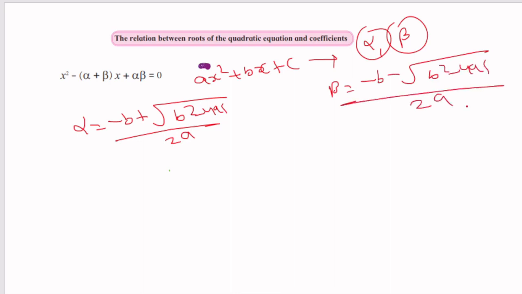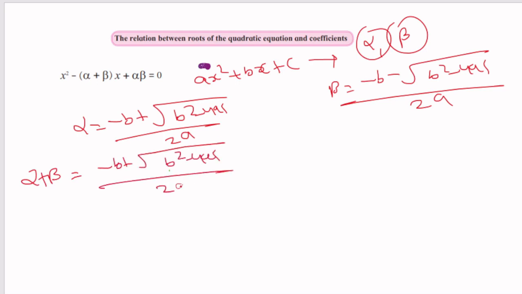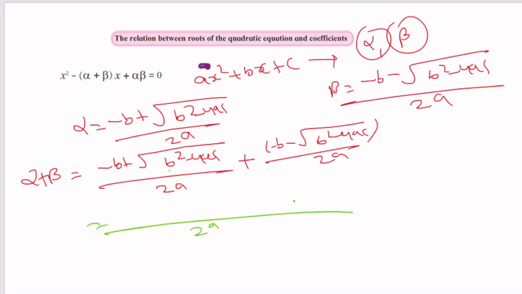Okay. Now you have to find the value of alpha plus beta. Simply add alpha plus beta. You need to write all those together the way I am writing it, plus here minus b minus square root of b square minus 4ac divided by 2a. 2a is common in the denominator, so you can write 2a once and write the numerator as it is.